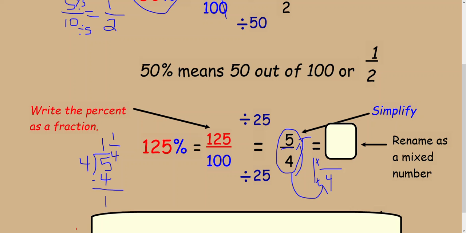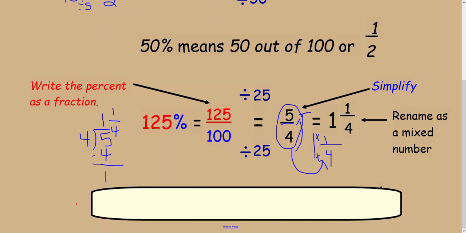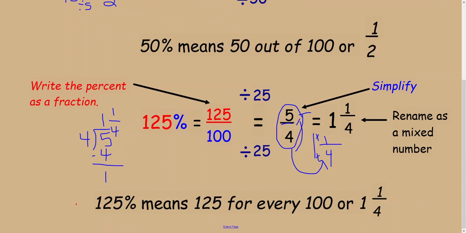So 4 times 1 is 4, plus 1 is 5. So your answer is 1 1/4, simplified. All right. So that's the same thing as saying 125% means 125 out of, or for, every 100, which is 1 1/4. Just like you're given 125% right now.